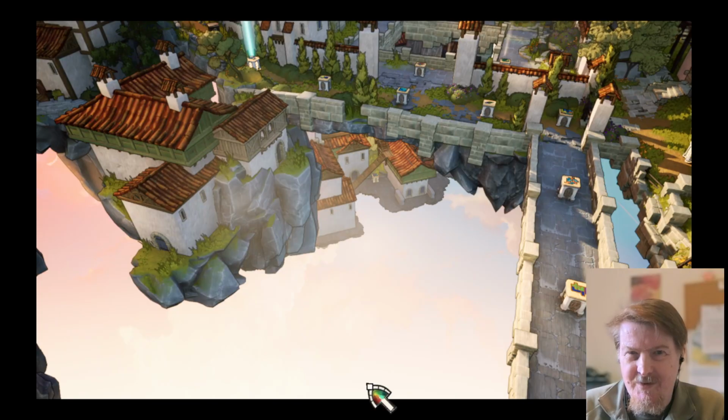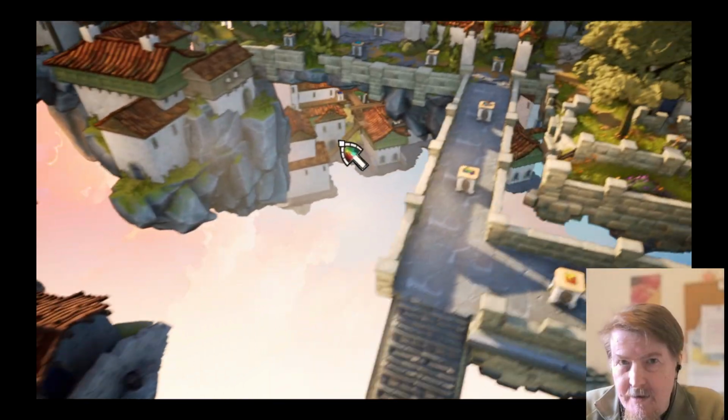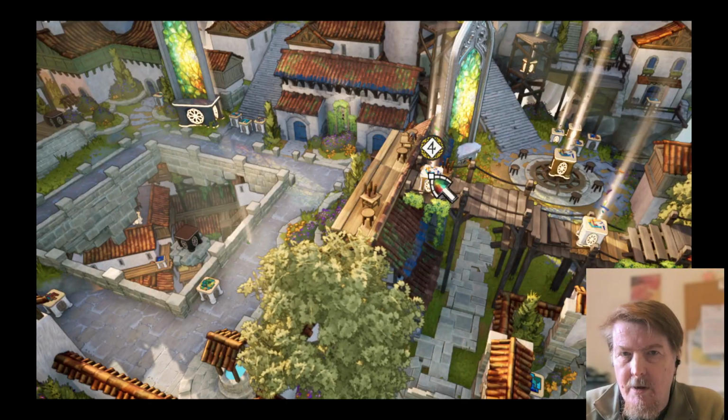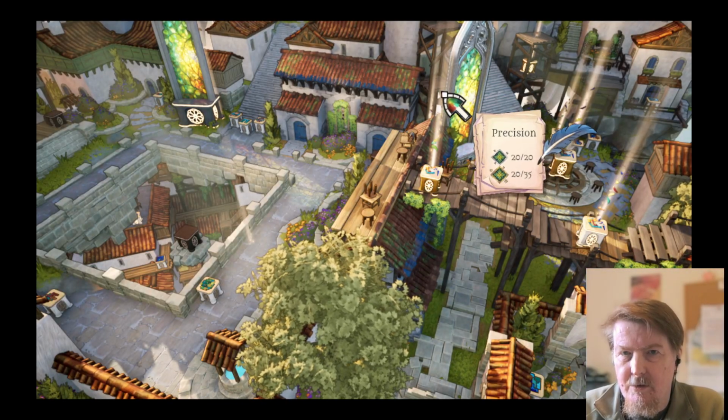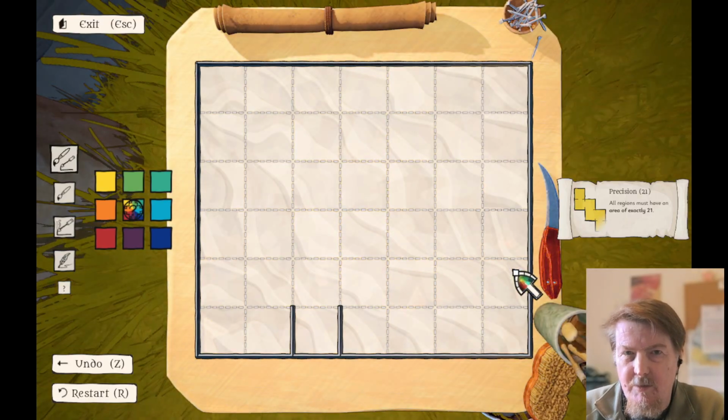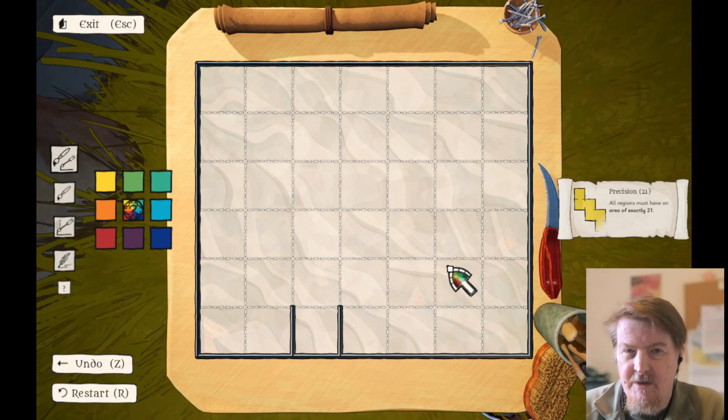The solution's forced. Okay, can't see any more in that lower section. That goes with the precision window, I think. Does that one go with the precision? Yes, it is.